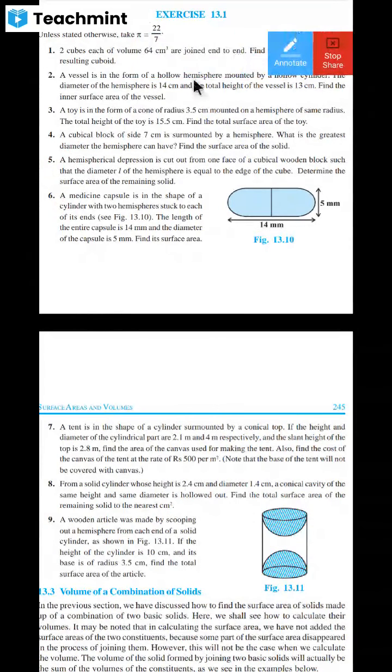There is a cube of side L, that is for sure. From the top of that, from one of the faces, a hemispherical depression is cut from one of the faces of the cubical wooden block, such that the diameter L of the hemisphere is equal to the edge of the cube. That means the diameter of the hemisphere is L, no?